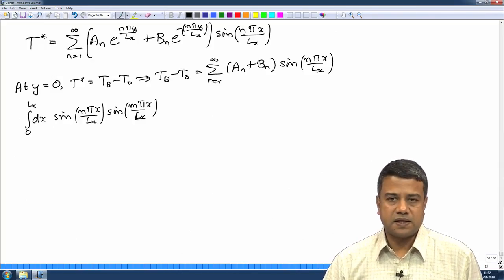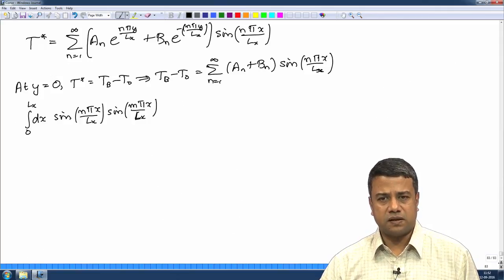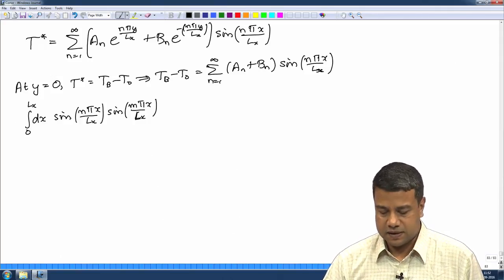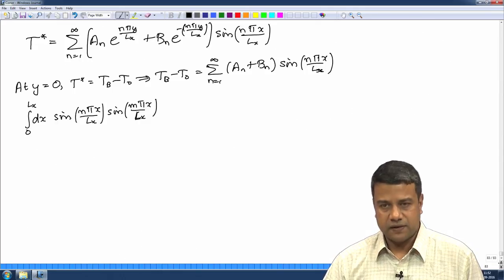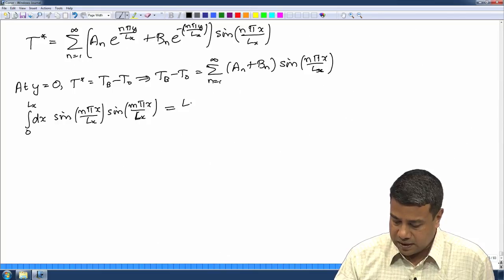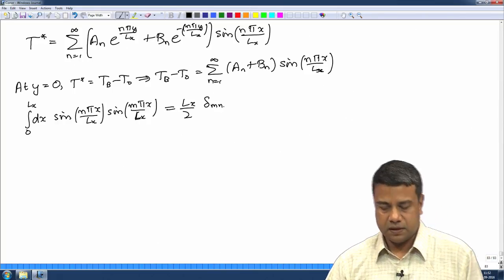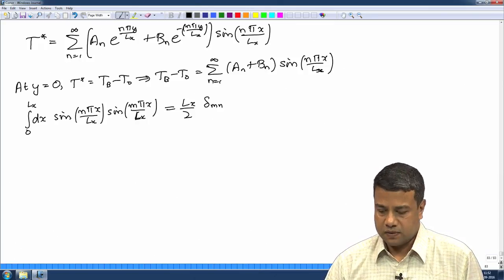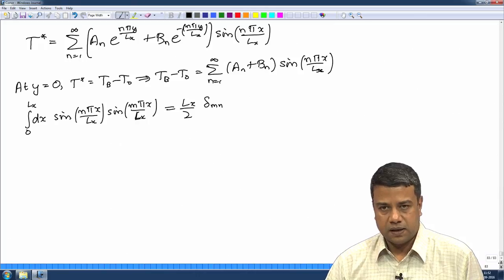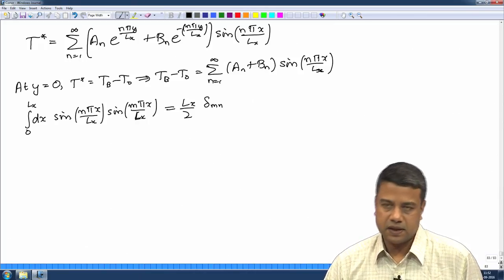In this case, since the lengths in the two directions are different, I have left it as length itself. That is a slight simplification, but nevertheless you can do this integration, and this will just give you Lx by 2 times delta mn. So, this is non-zero only when m is equal to n, and when m is equal to n, this is equal to Lx by 2.